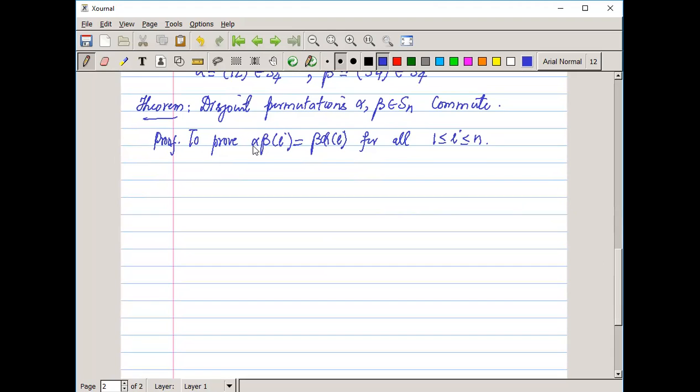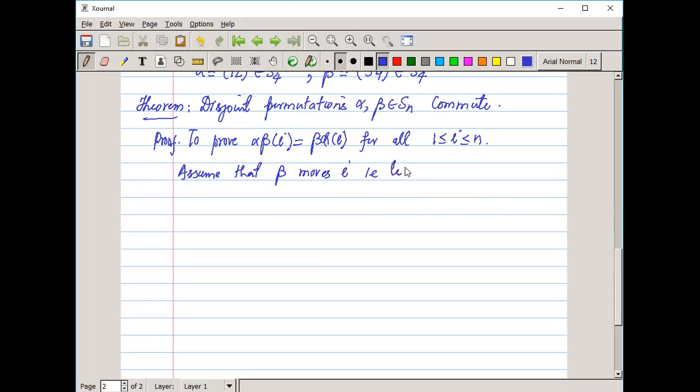So here we note that our two permutations alpha and beta are disjoint. So whenever one of the permutations moves a symbol, the other permutation must fix that. So let's assume first that beta moves i.